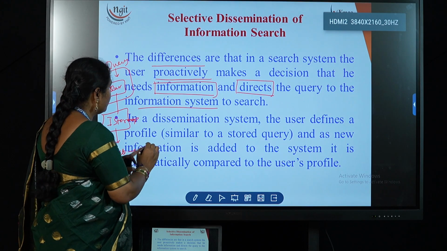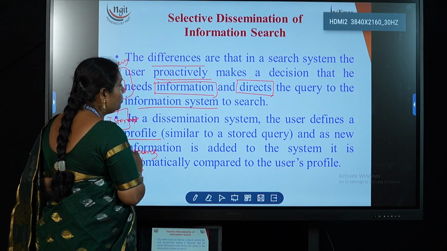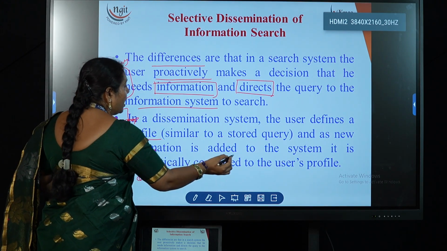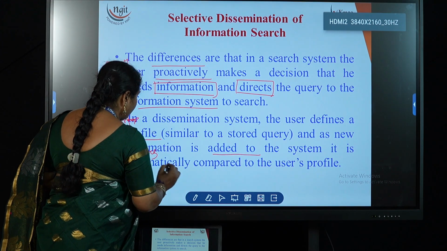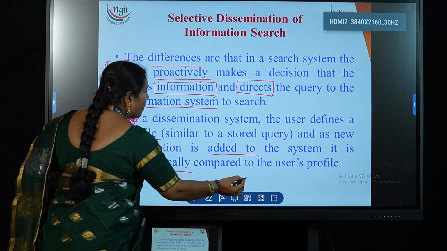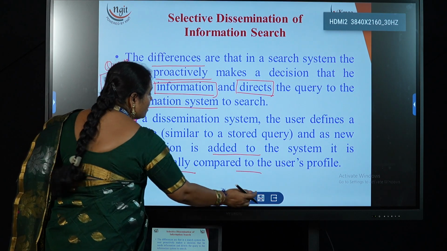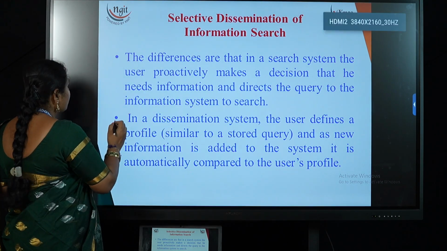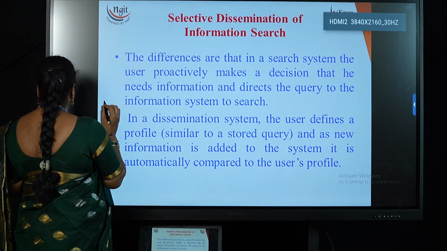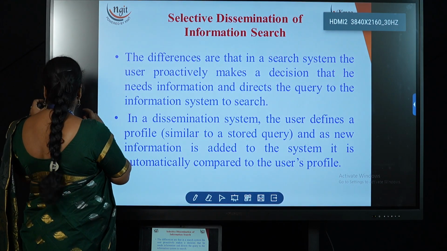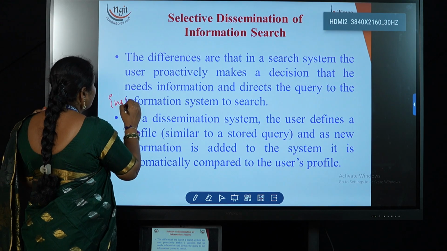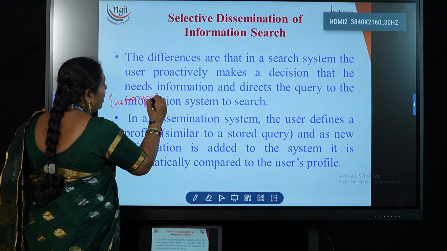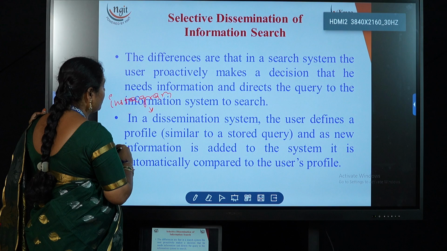In the dissemination system, the user has to define profiles, and whatever information is added to the system has to be automatically compared with the user profile. For example, the same example I took about Instagram. We are using Instagram, right? I was surprised when I was using this.